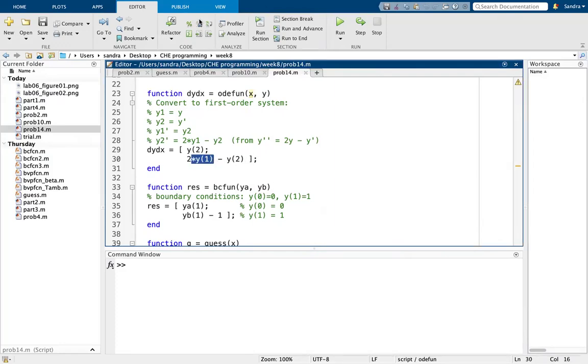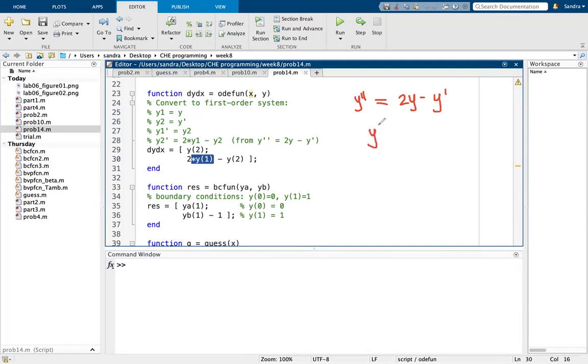Let me just write it here. The equation is y double dash is equal to 2y minus y dash.